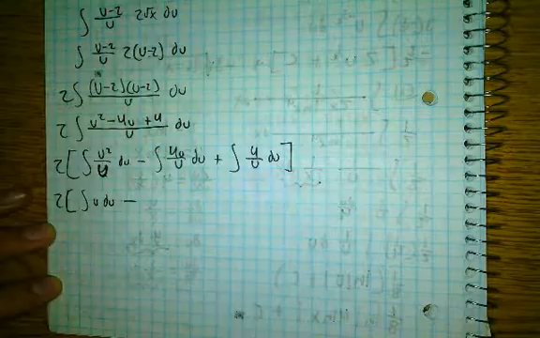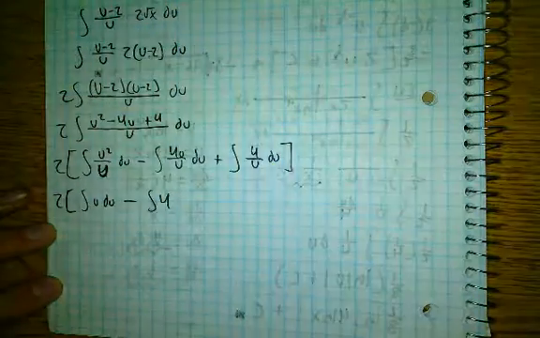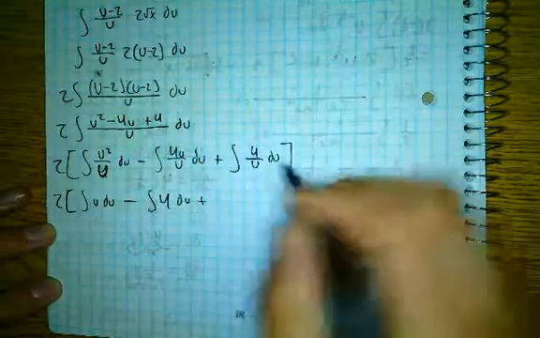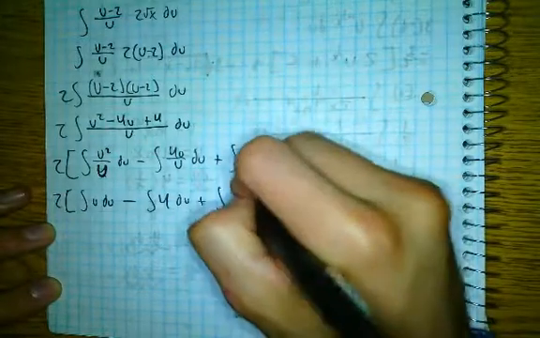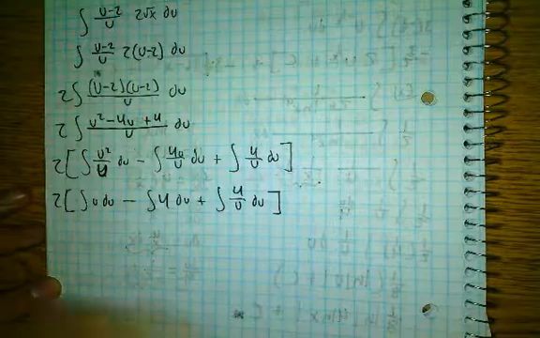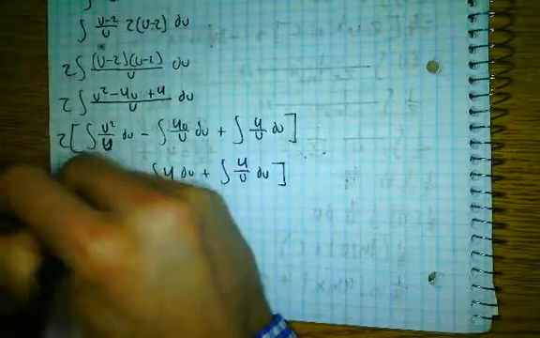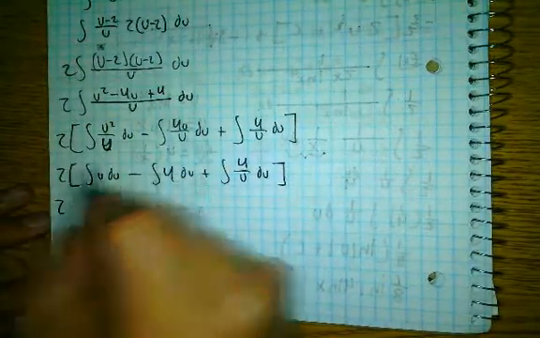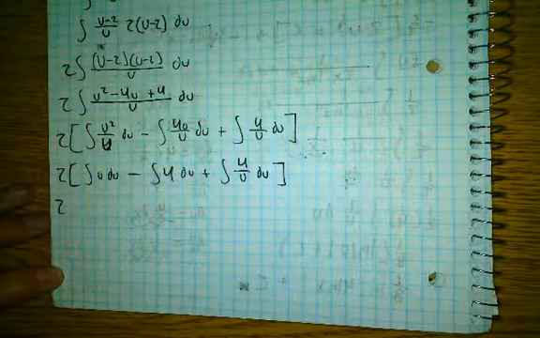Alright, so 2 times, what's the antiderivative of u? One half u squared minus, what's the antiderivative of 4?